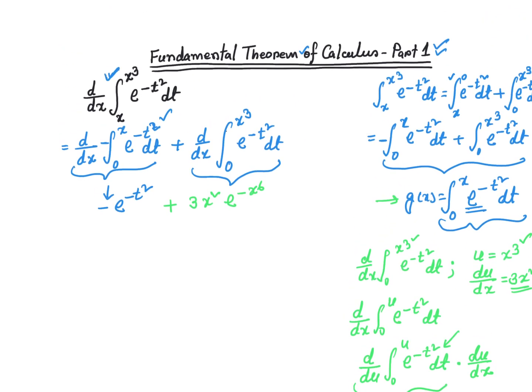So the derivative of this integral is going to be nothing but this. All we have done is reorganize this one so that it conforms to the standard structure for antiderivative. And for the second expression, we just use substitution and chain rule. I hope that this discussion was helpful.